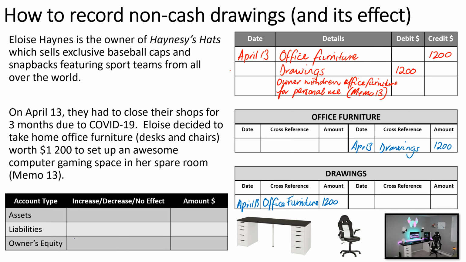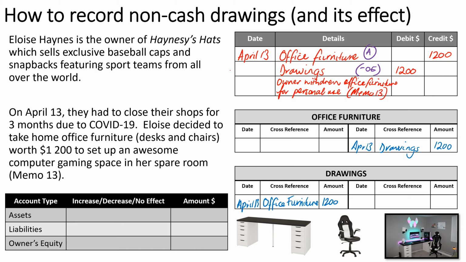So the last part is looking at what is the effect on the accounting equation when we take non-cash drawings. So we go back up to our general journal and we have a look at the kinds of accounts that are affected. So we can see office furniture is an asset, and drawings, we said before, is a negative owner's equity.